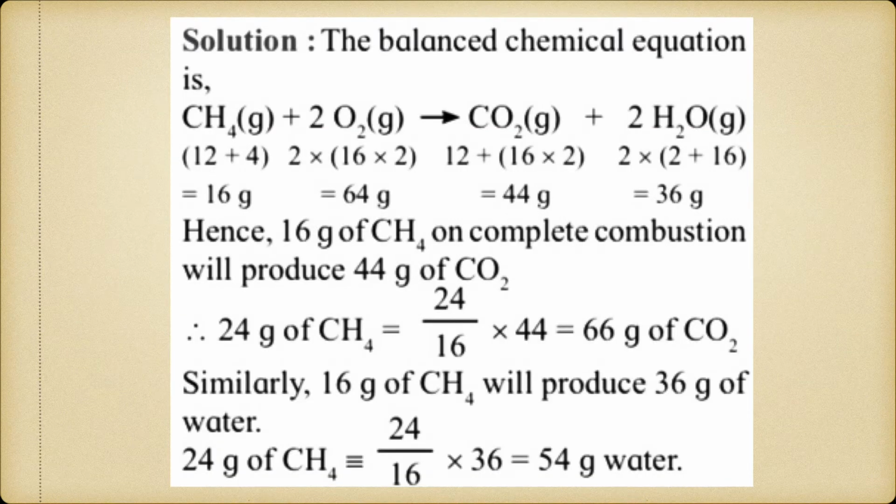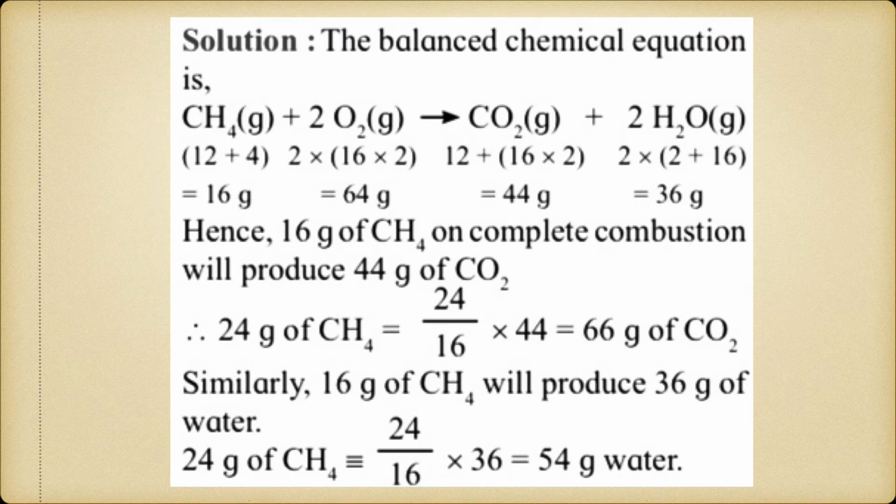So, first I am going to write down the balanced chemical equation for the reaction. Methane reacts with oxygen to give carbon dioxide and water. Next, I am going to write it in terms of the molecular formula, that is CH4 plus O2 gives CO2 plus H2O, and I have to balance it.